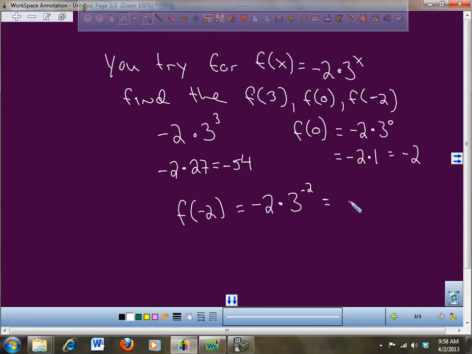And remember that when you have a negative exponent, you bring it downstairs and you make it positive. So that's equal to negative 2 times 1 over 3 squared, which is 9. And you multiply the tops, negative 2 over 9. Okay? And that's how you do those.